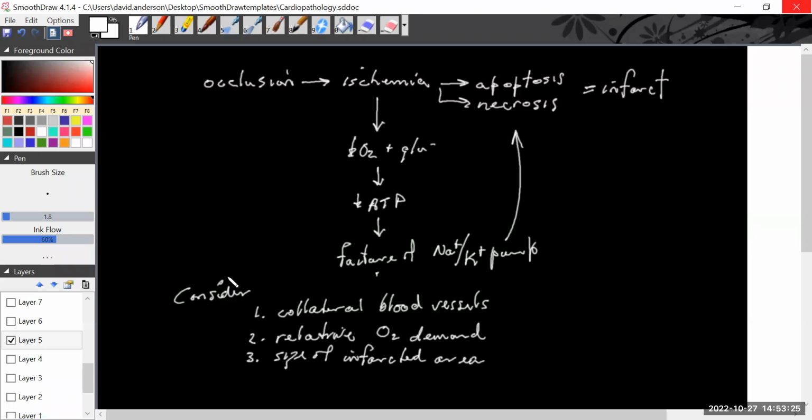So all of these will determine the prognosis, determine the outcome. If we have a lot of collateral blood flow, then we're in better shape. If we can keep the heart kind of quiet, reduce the relative oxygen demand, we have better recovery ability. If the size of the infarcted area, in other words, if the first two things don't match up favorably for us, then we're going to have an increased size of damage, and that's going to reduce our outcome. The larger the area that's been damaged, the more likely the recovery is going to be limited.